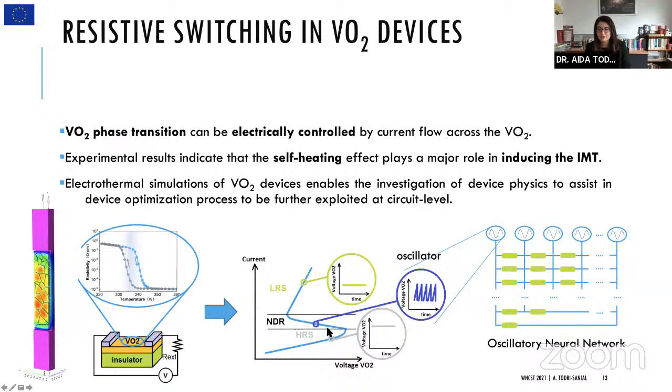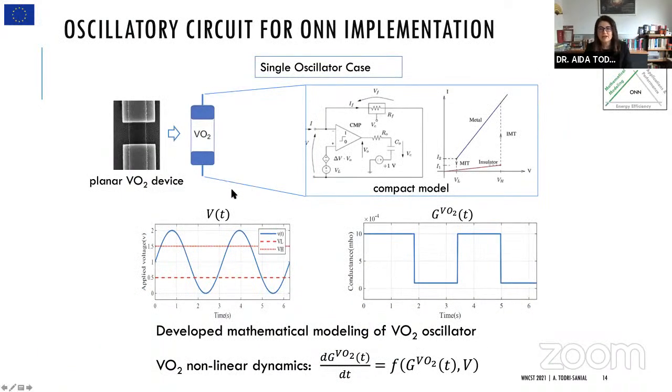So we are trying to build based on the load. So how we load the VO2, we can see the oscillation, so we can obtain it in this NDR region. This is very interesting to be able to control. So this is how we can then build circuits and architectures by electrically controlling the current flow on the VO2 device.